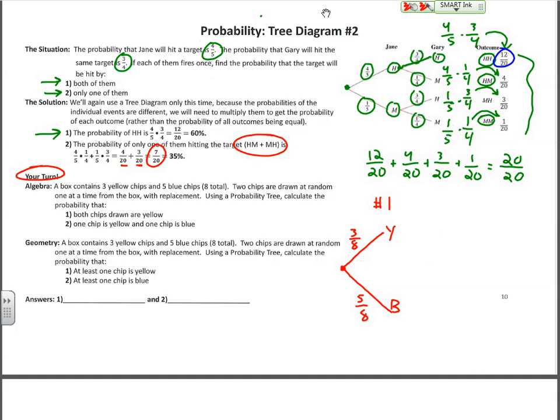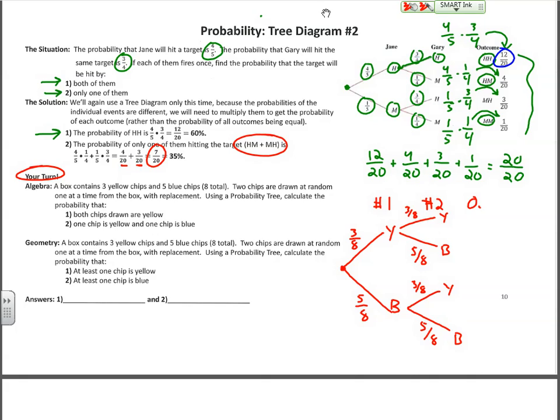Okay. Now we draw a second time, and we could either get, again, a yellow or a blue. A yellow is 3/8, a blue is 5/8. If we got a blue one the first time, we could get a yellow or a blue the second time. 3/8 probability for yellow, 5/8 probability for blue.